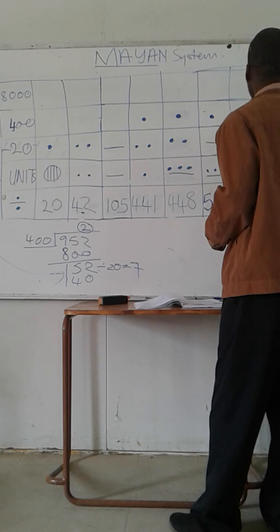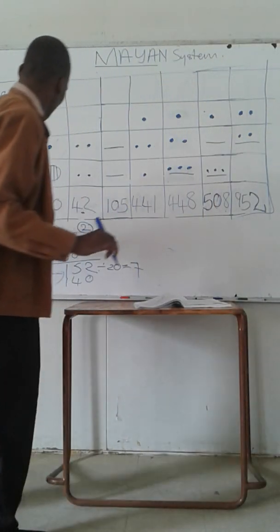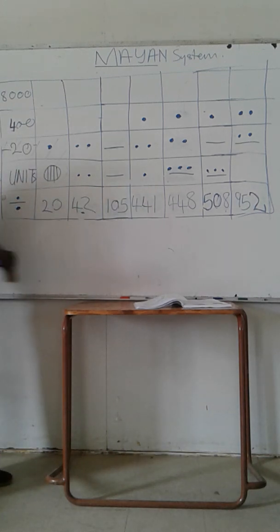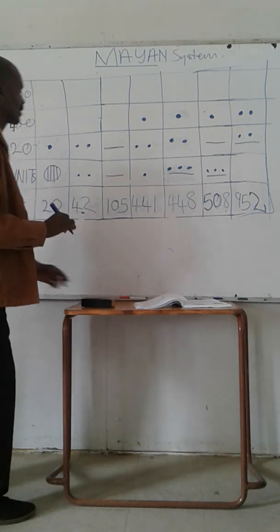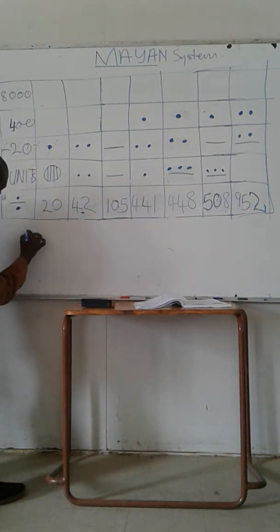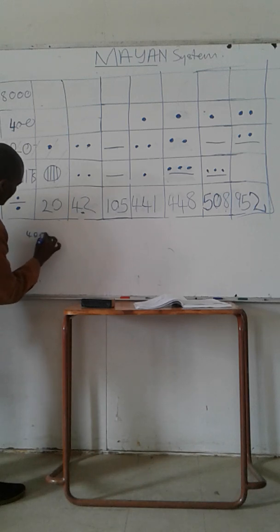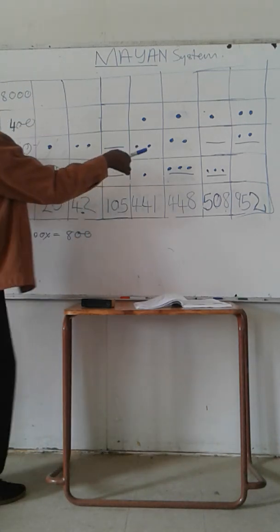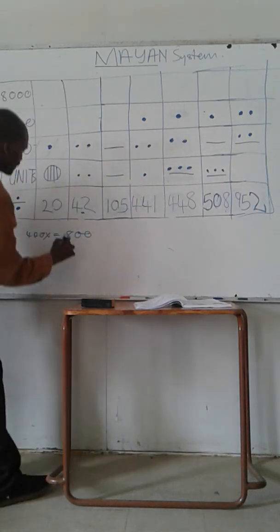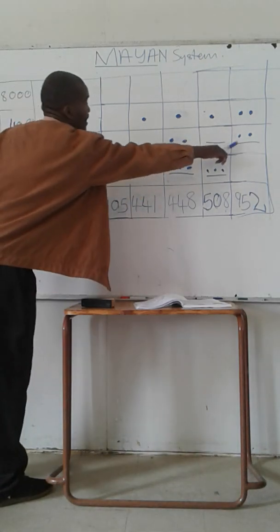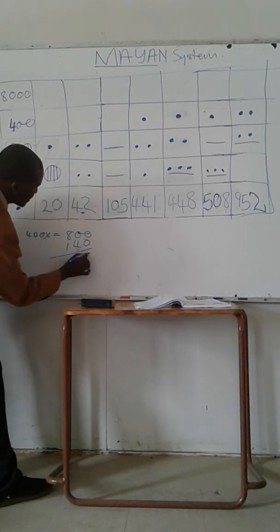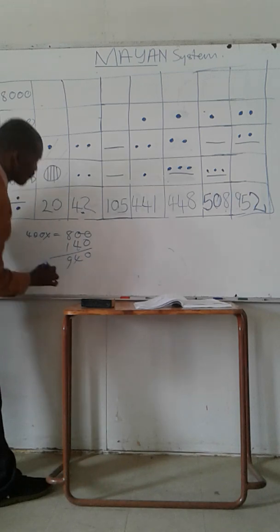2 dots, it's 7. Now, quickly, we said 400 times 2 is 800. 20 times 7 is 140. Now, you add that, you get 940.